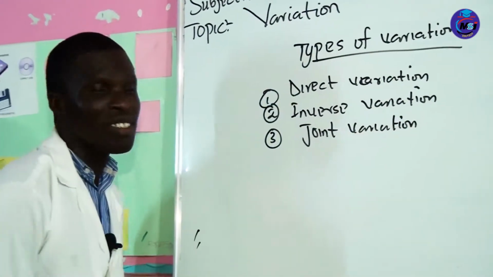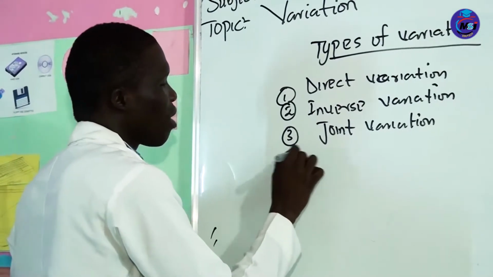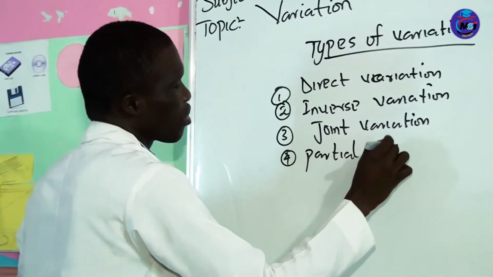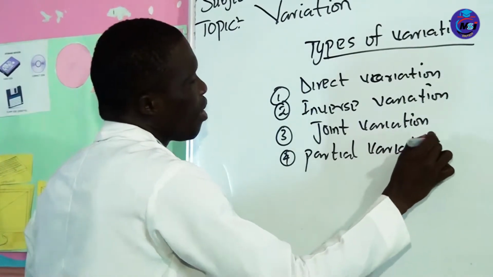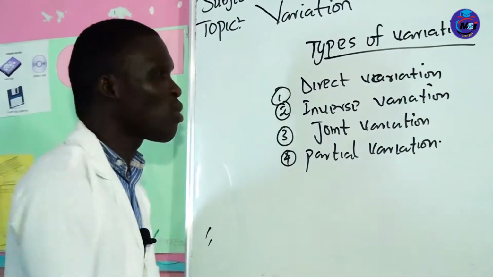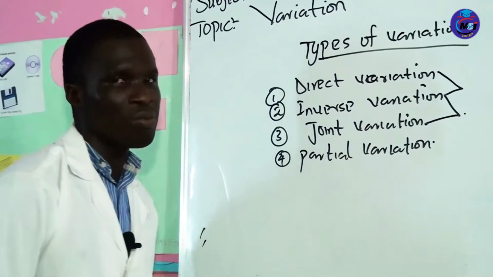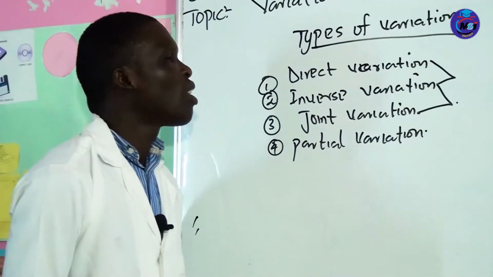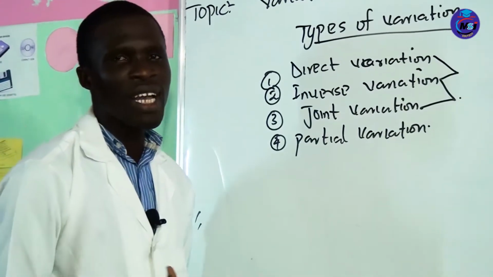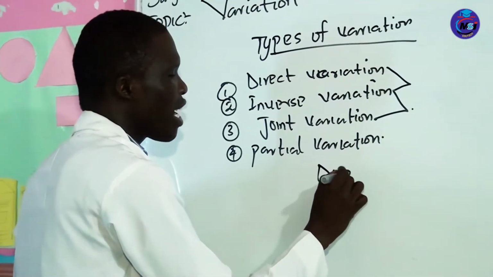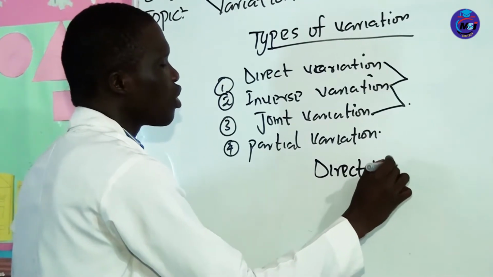And the last one, we have partial variation. But for the purpose of this class, we are going to center on these three types of variation. Now let's start with direct variation.